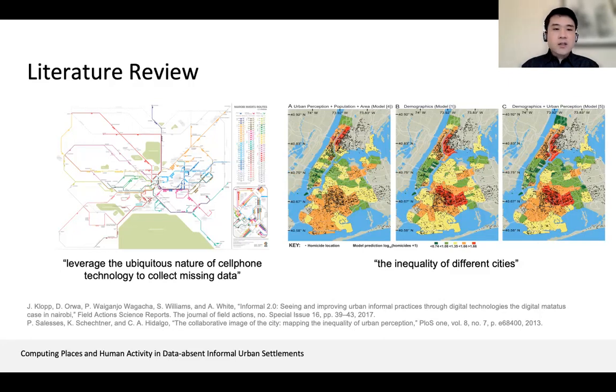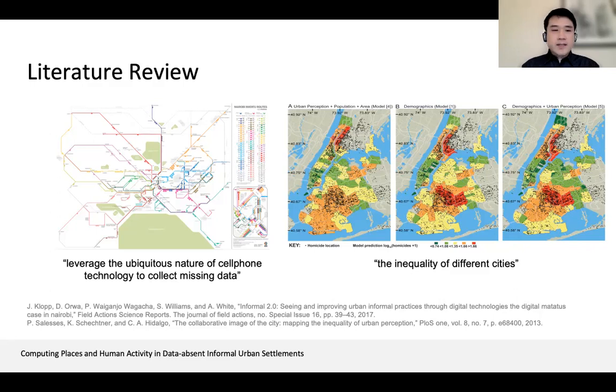In particular, the outskirts and the semi-urbanized areas with many informal buildings, roads, and activities are often ignored since they are not digitally documented as data.